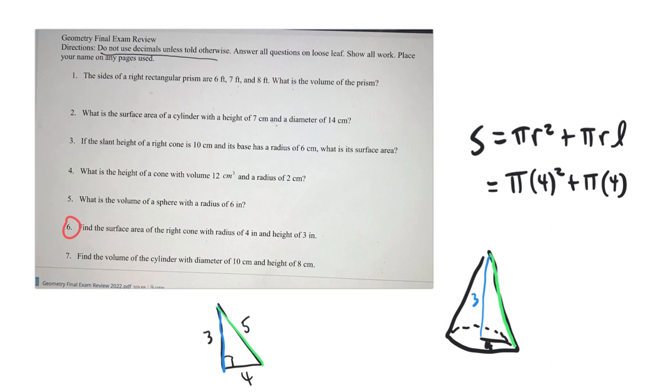That's also a Pythagorean triple. It's a famous triplet of side lengths for a triangle. Okay, so the slant height is 5, so cool. So we're going to put that here. Therefore, we're looking at 16 pi plus 20 pi, aka 36 pi, and that's how you do that one.